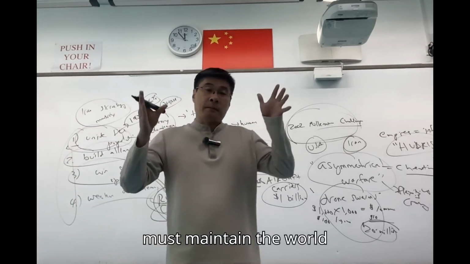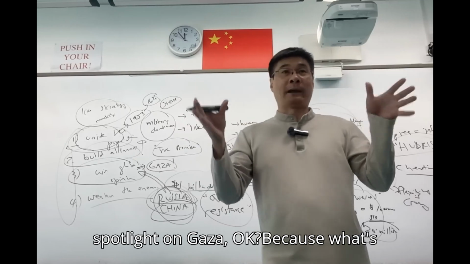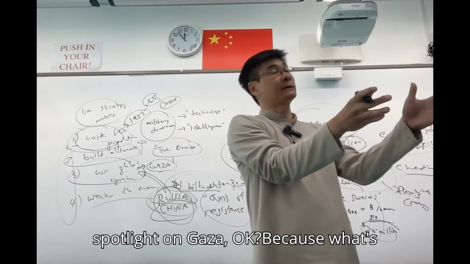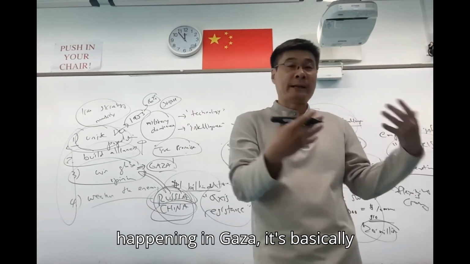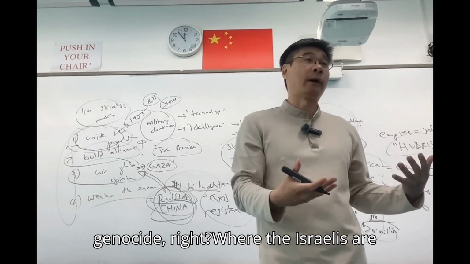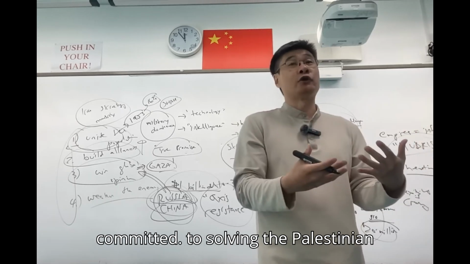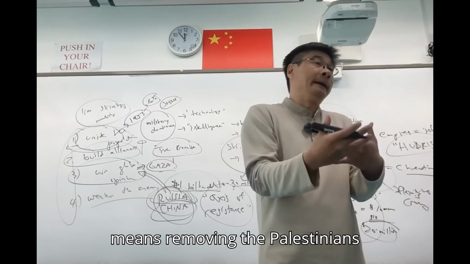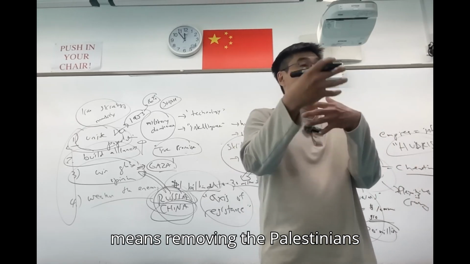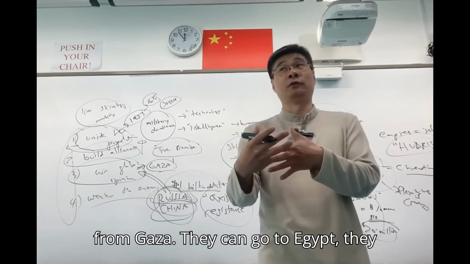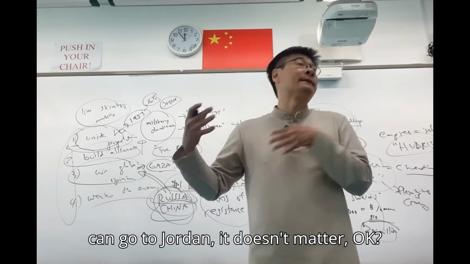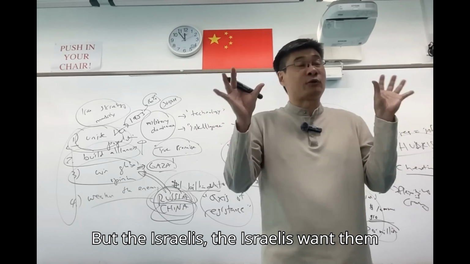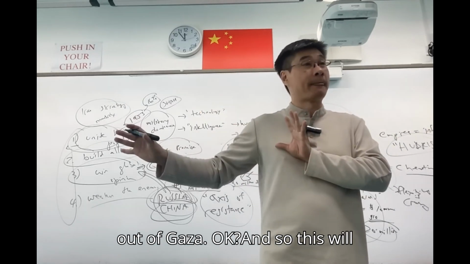It must maintain the world spotlight on Gaza, okay? Because what's happening in Gaza, it's basically genocide, right? Where the Israelis are committed to solving the Palestinian problem once and for all. And that basically means removing the Palestinians from Gaza. They can go to Egypt, they can go to Jordan, it doesn't matter, okay? But the Israelis want them out of Gaza, okay?